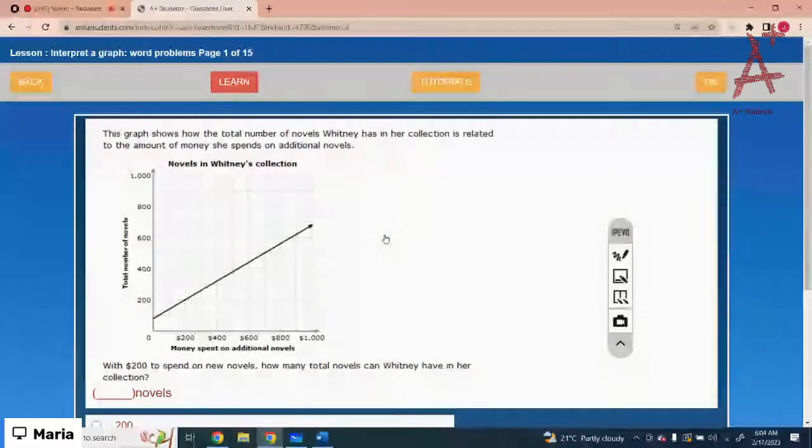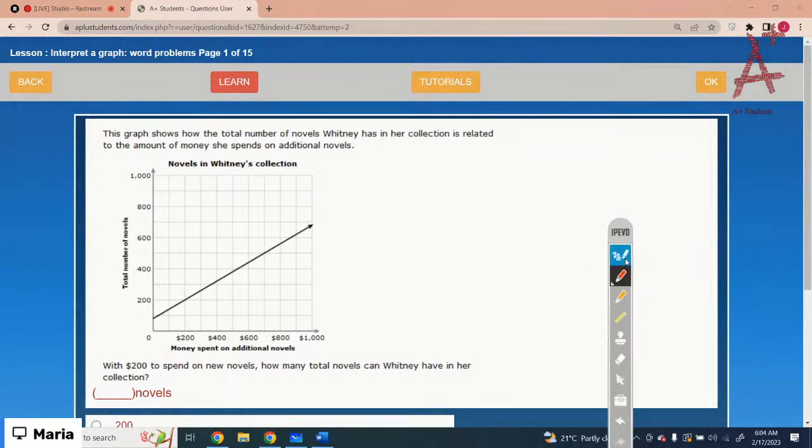Okay. This graph shows how the total number of novels Whitney has in her collection is related to the amount of money she spent on additional novels. With $200 to spend on new novels, how many total novels can Whitney have in her collection? Okay, so here on the x-axis, you have the amount spent on additional novels.